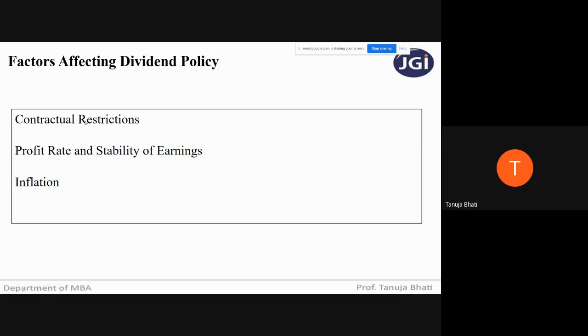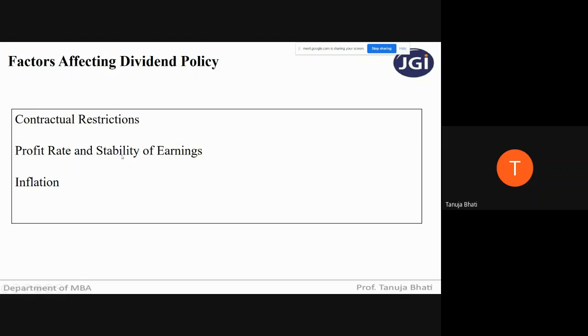So contractual restriction will affect the dividend policy, because every lender or investor will invest in a company based on terms and conditions, certain obligations, certain restrictions. To cater to those restrictions, the dividend policy may be affected.